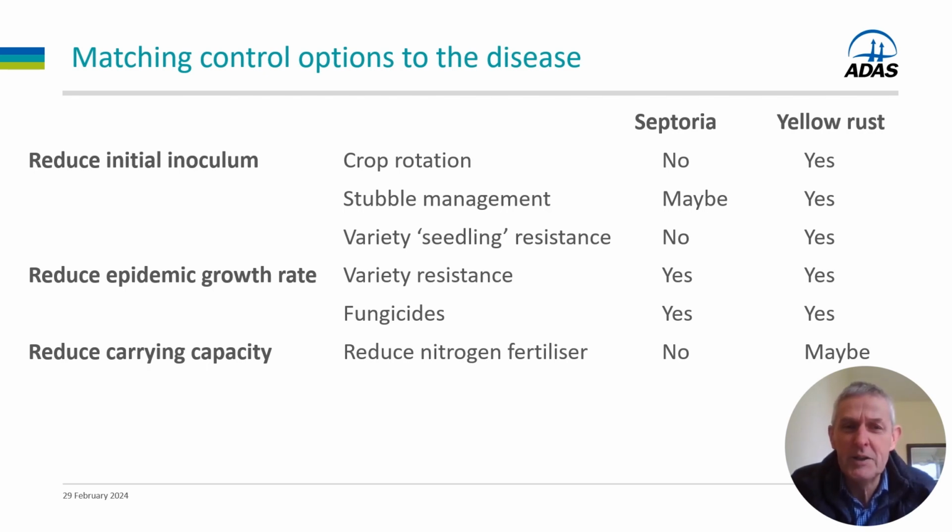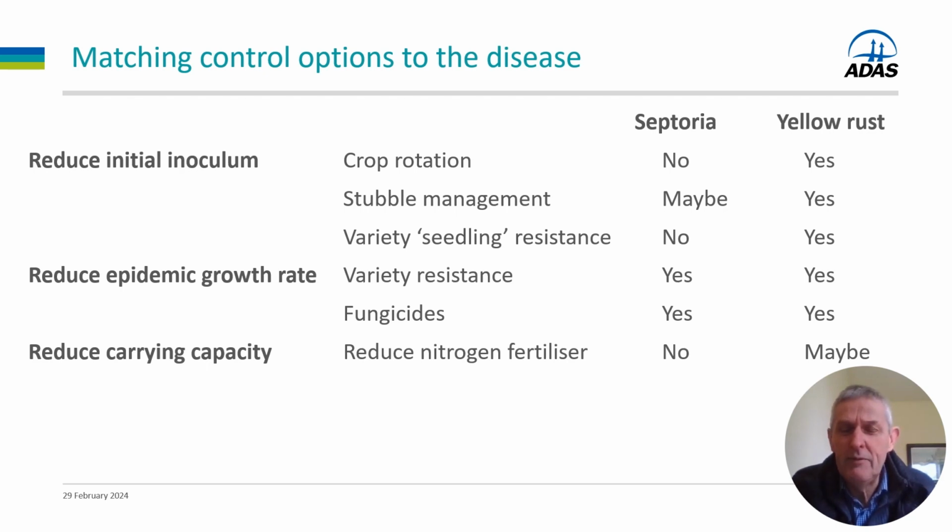Whereas for yellow rust, the main source of the epidemic is really on your own farm, and if you can manage the stubble in a way that reduces the green bridge, not necessarily burying it, but making sure there isn't green tissue, that can actually have quite a useful effect.